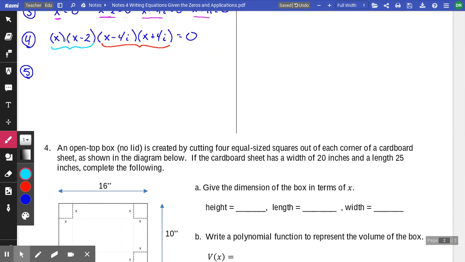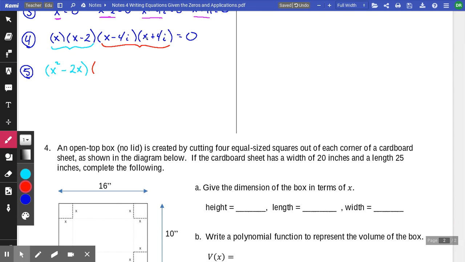Not so bad. We're just taking x times whatever's in the second set of parentheses. So x times x is going to be x squared, and then x times negative 2 is negative 2x. Okay, and these next two factors, we will multiply the x minus 4i times the x plus 4i.